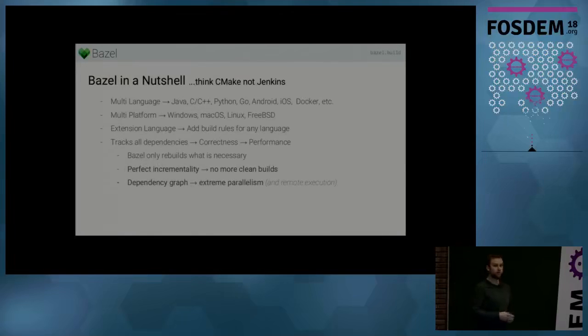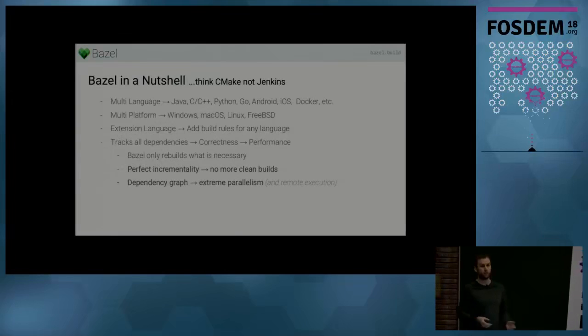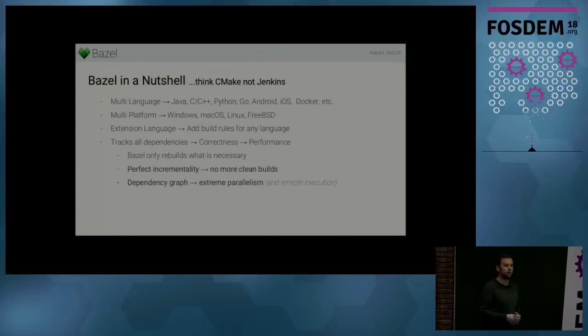Bazel doesn't have one favorite language. It's a multi-language build system. So with Bazel, you can build Java, C++, Python, Go, Rust. You can do Android and iOS development. You can build Docker containers, and so on. And if your favorite language is not supported, well, Bazel has an extension language. It's a subset of Python, so it's a familiar syntax to many people.